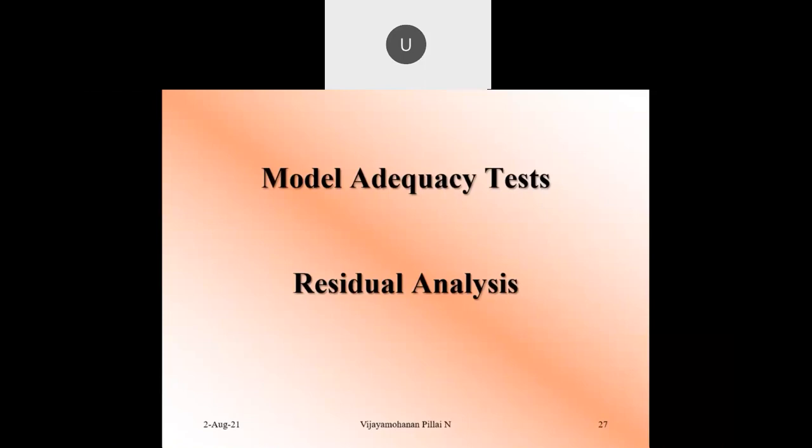So as I have already told you, the residuals are the estimate of the error term u_i, that is u_i hat, obtained as a residual, that is y_i minus y_i hat. So we have to check the assumptions of regression by examining these residuals.